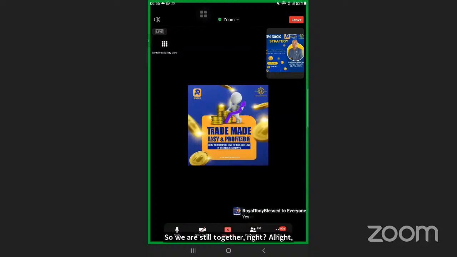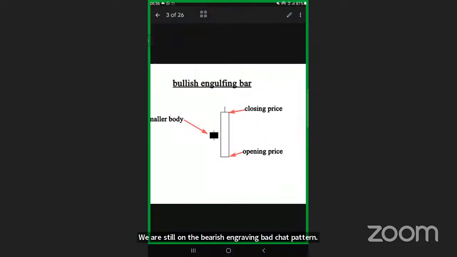Let's proceed. We are still on the bearish engulfing bar chart pattern. I'm explaining that this type of chart pattern is one of the most important chart patterns that you are going to find in the market.